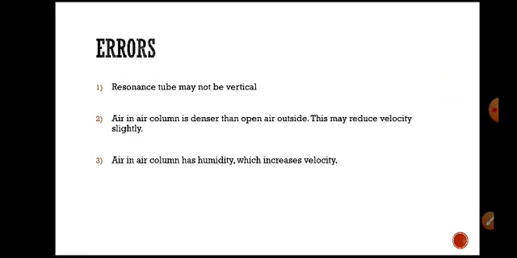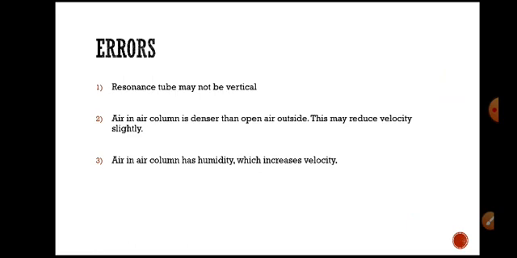The density of the inner air is more than the outside air, which reduces the velocity of sound slightly, because the inner density is more, so automatically the velocity of sound decreases.